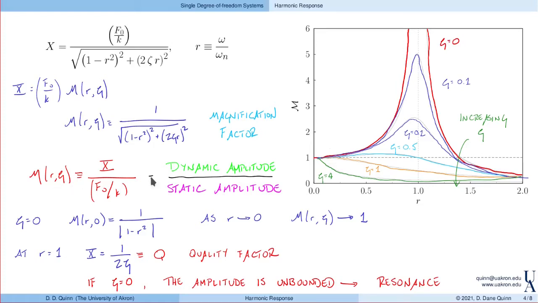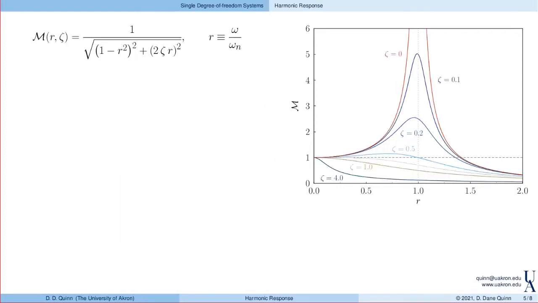While if m is less than 1, so that would be down in here, then the dynamic response is actually smaller than the static response. And so what we see is that increasing the damping tends to reduce the magnification factor and tends to reduce the amplitude of the response. Let's go and look a little more into this magnification factor.